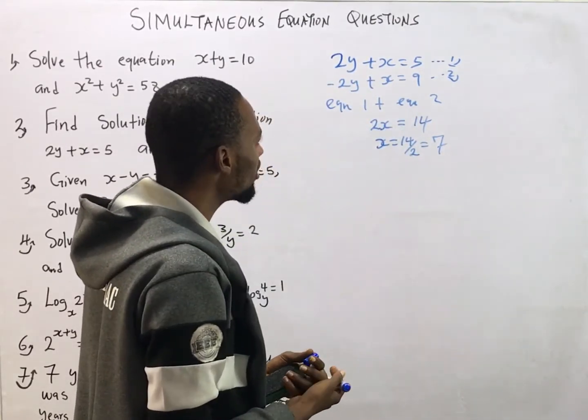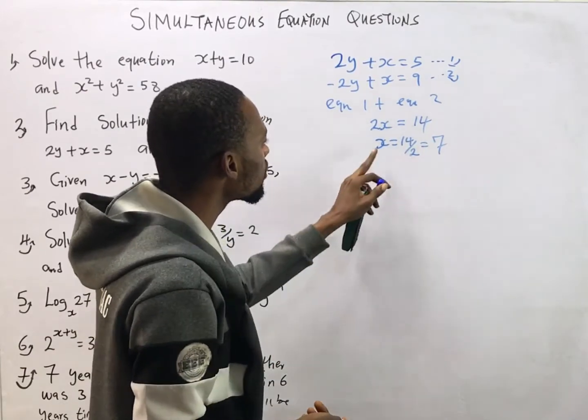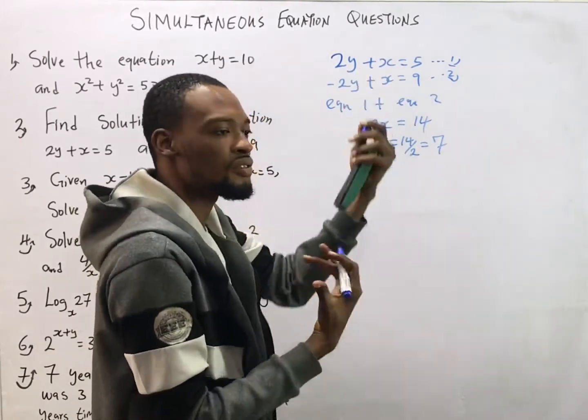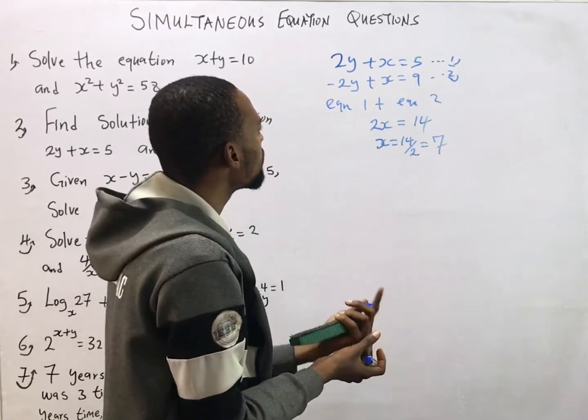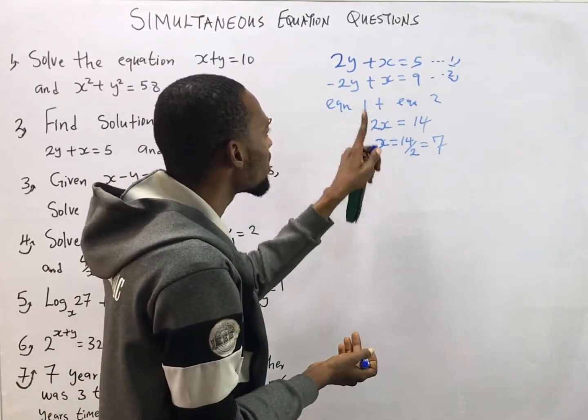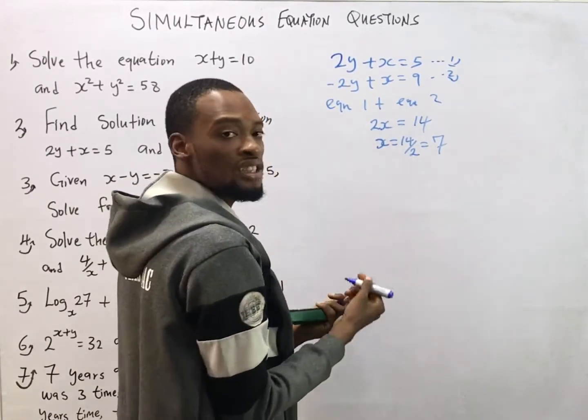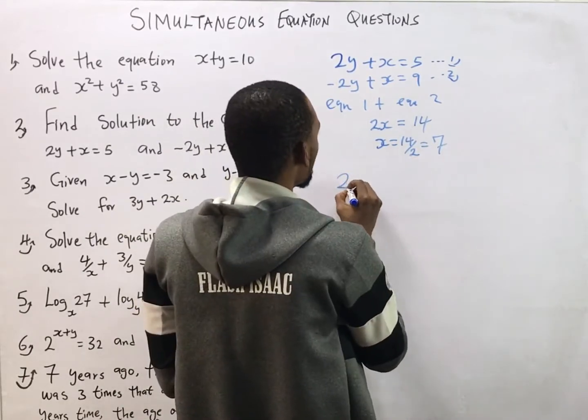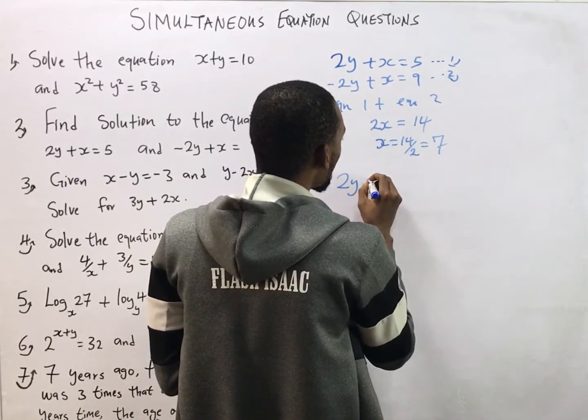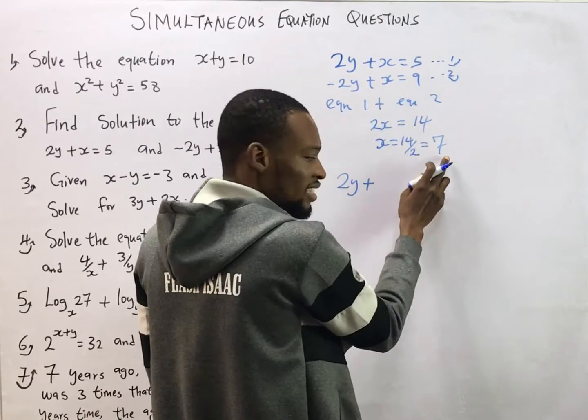Now to get the value of y, I simply substitute the value of s into any of the equations. Let me put the value of s in equation 1. In that case, equation 1 becomes 2y plus s, and s is now 7.